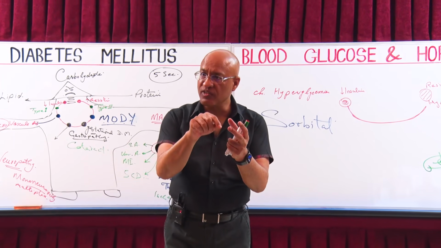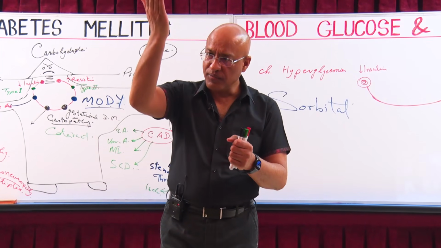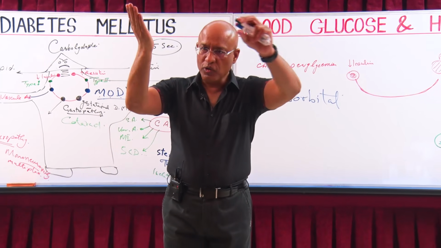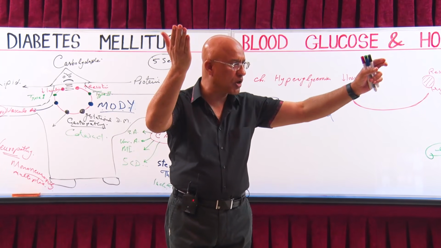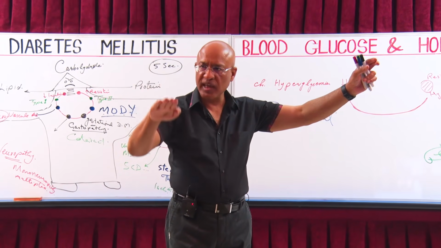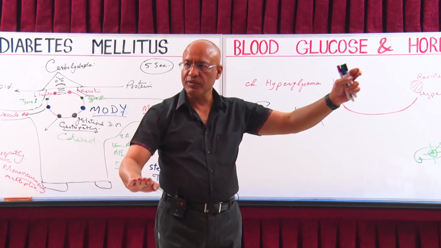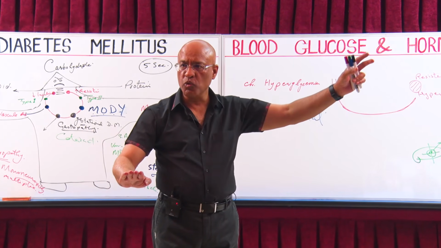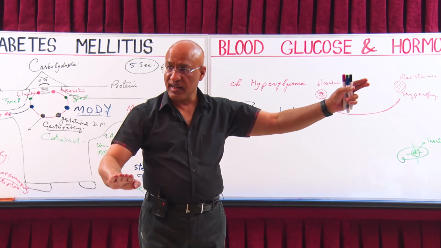When hyperglycemia occurs again, a lot of glucose enters the lens and converts into sorbitol. When euglycemia occurs, sorbitol cannot leave the lens, and this accumulated sorbitol pulls in water.